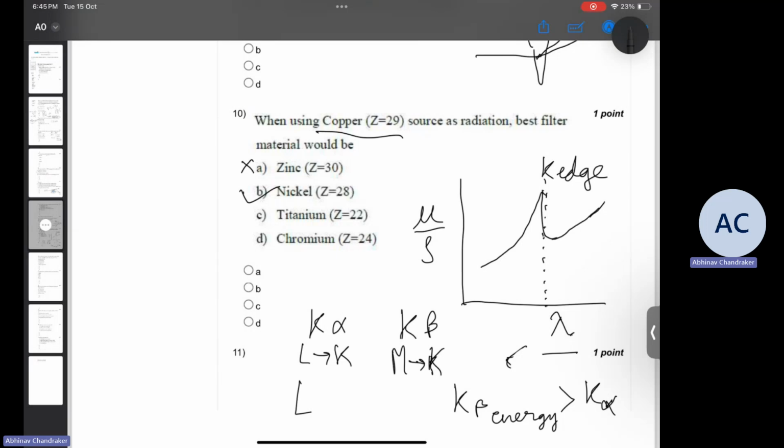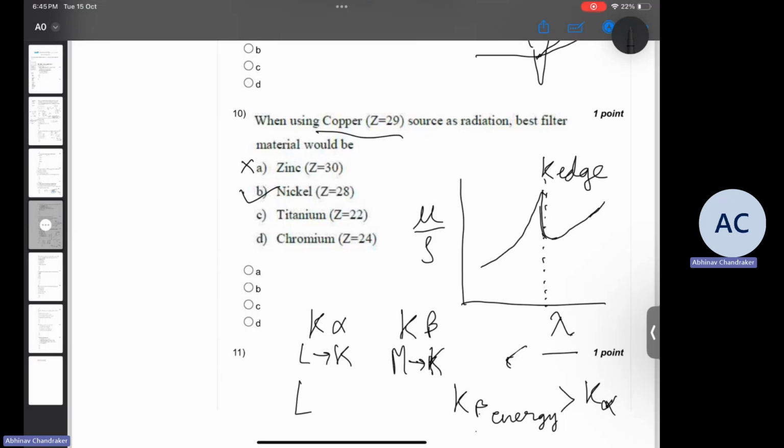And what now will happen is that if we use nickel, the K beta X-rays which are generated will be absorbed by the nickel atoms, and they will knock out the K shell electrons from the nickel atom.